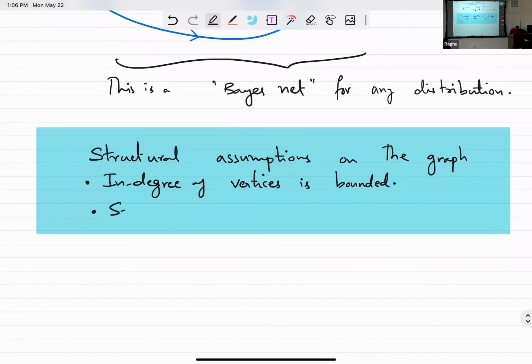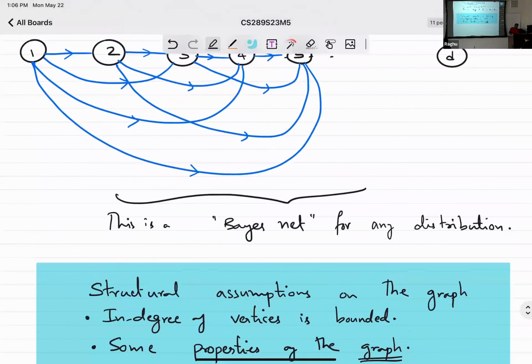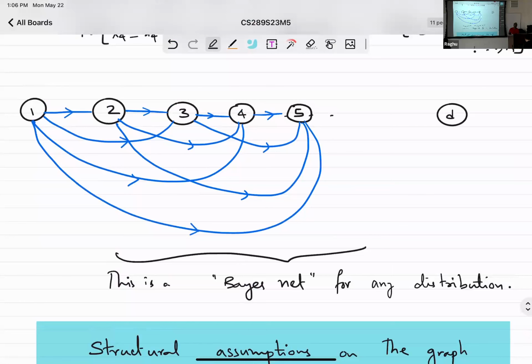Or you'll say some properties of the graph. Maybe I can draw it nicely on the plane.